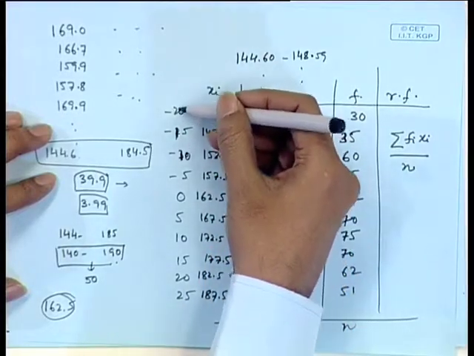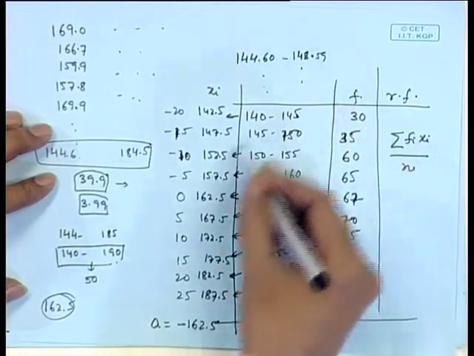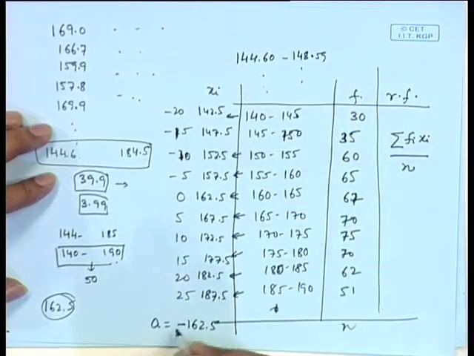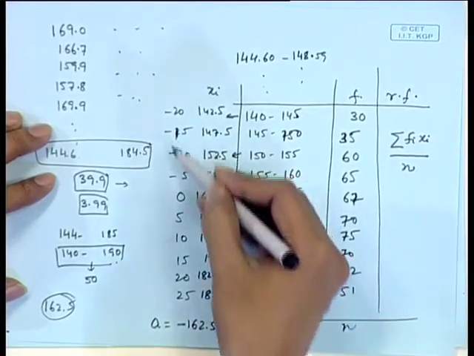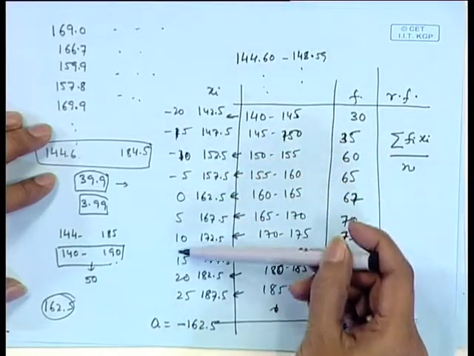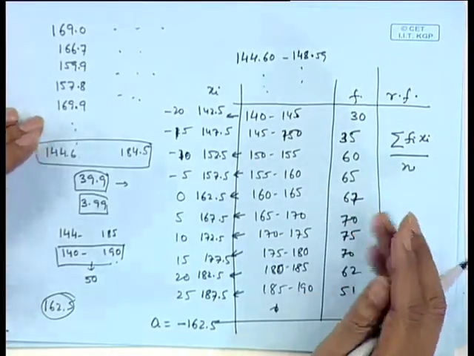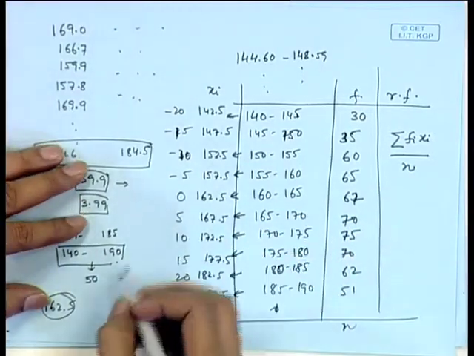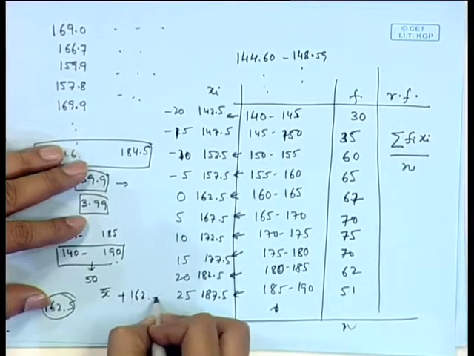Here I have shifted by a equal to minus 162.5, so whatever average comes will actually be x bar minus 162.5. Using this, the calculations are much simpler, because these are nice round numbers, multiples of 5, so I can multiply and add. Also, many minus values are coming, so plus and minus values cancel each other and the total sum becomes a much smaller number. So x bar can be calculated quite easily, and then you just add 162.5.